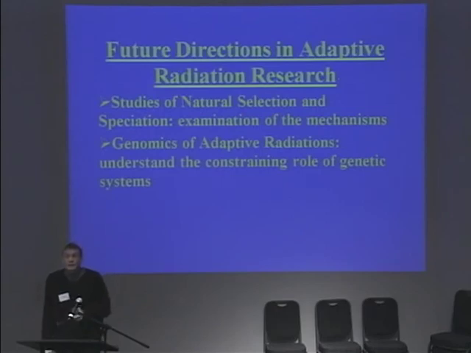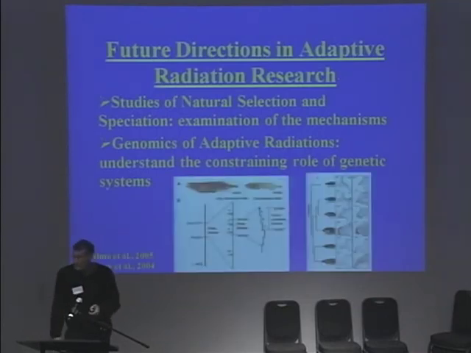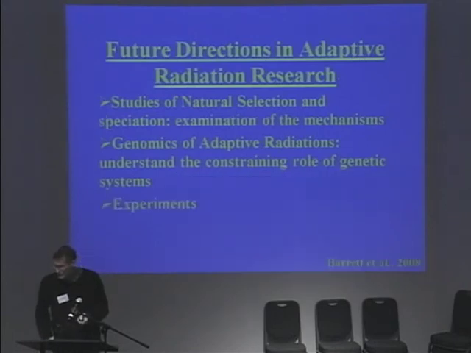Genomics is going to be particularly important as we can understand the genetic basis of adaptive radiation and how genetics constrains adaptive radiation, and constrains in the Gouldian sense of not only limiting but also directing along certain lines. We're beginning to see that already, with work on sticklebacks and some on Darwin's finches. Certainly this will take off in the years to come as more and more groups have their genomes sequenced.